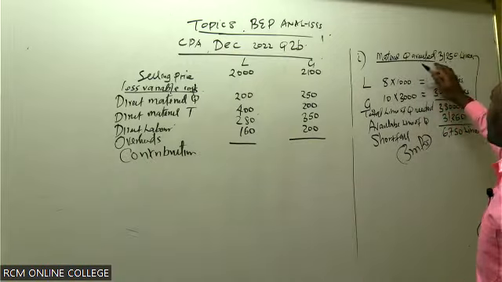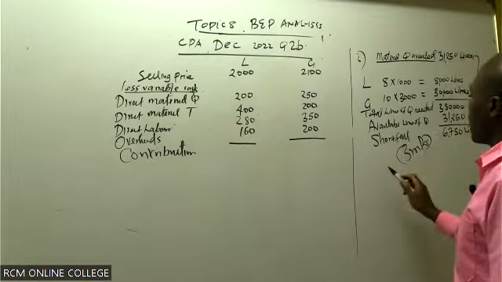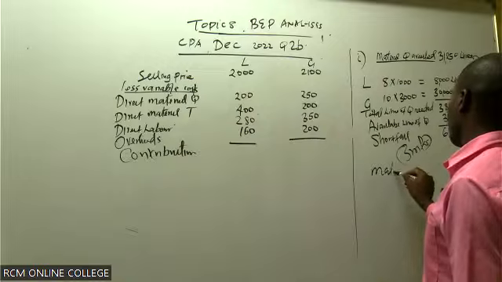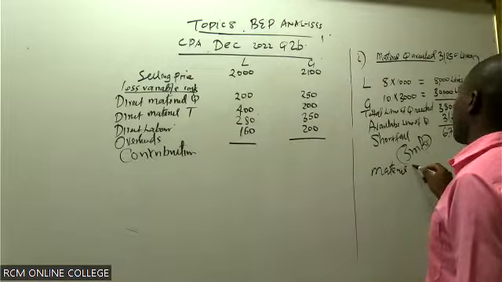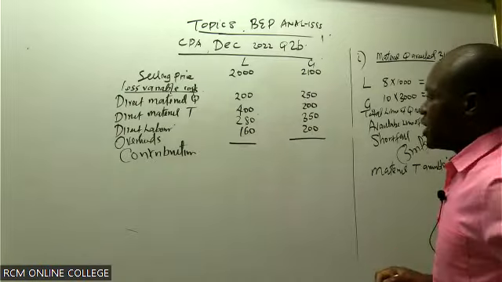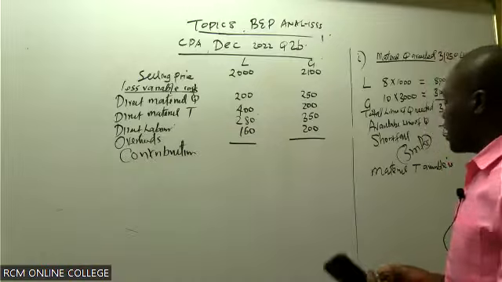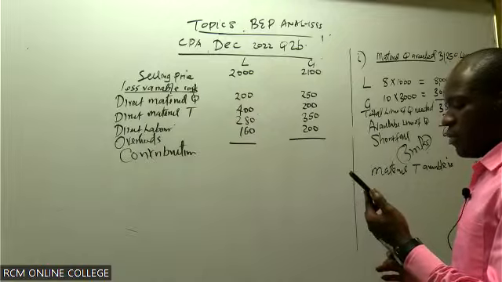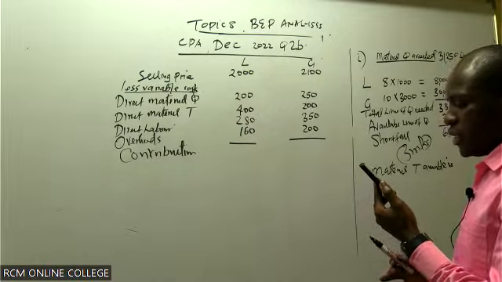Material Q available 31,250. Then they come here and tell you material T available is... Is material T given in liters or in kgs? Let's see. Material T is given in liters as well.